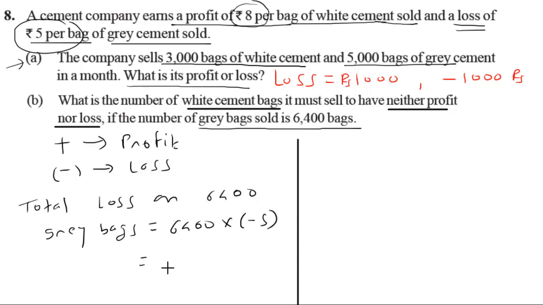So the answer will be: minus 5 zeros are 0, 5 zeros are 0, 5 fours are 20, carry 2, 5 sixes are 30, 30 plus 2 is 32. So the loss on grey bags will be minus 32,000 rupees.